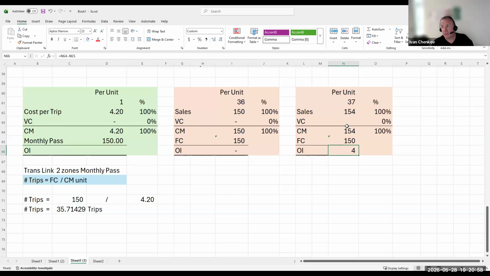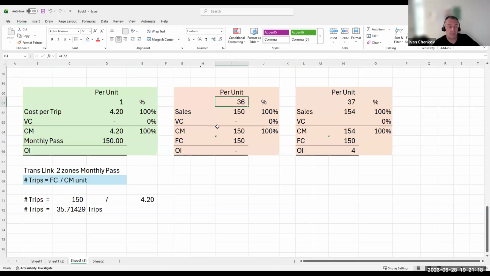So what you have to do is very simple. Once you buy a monthly pass, at the end of the month, check how many trips you made that month. You can go back on the Compass card and see how many times you used it.